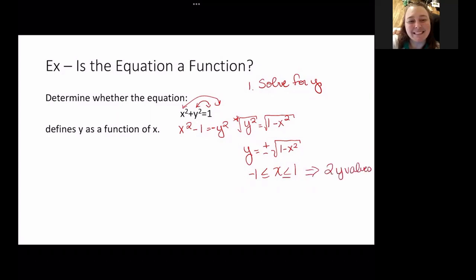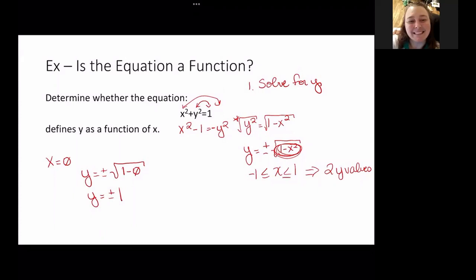Why? Because that has to be a positive number, right? So, for example, let's say x equals 0, y equals plus or minus the square root of 1 minus 0. So y is going to be equal to plus or minus 1.